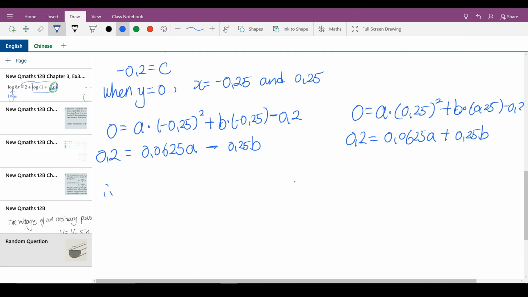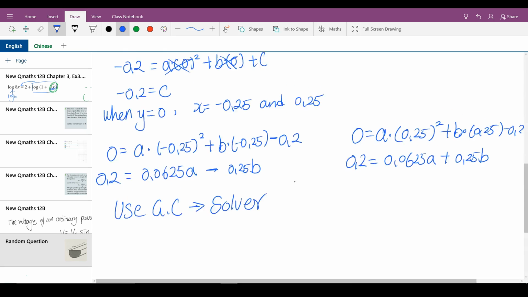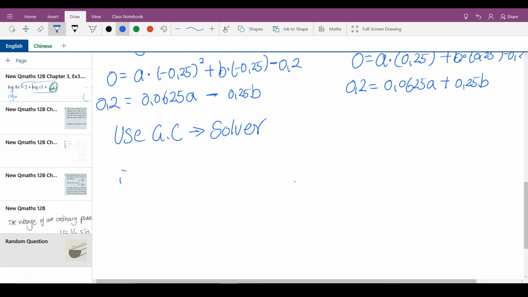So therefore, we got a communication mark for using the graphic calculator and solver. A is equal to 3.2 and B is equal to 0, right? And we already know C is negative 0.2.